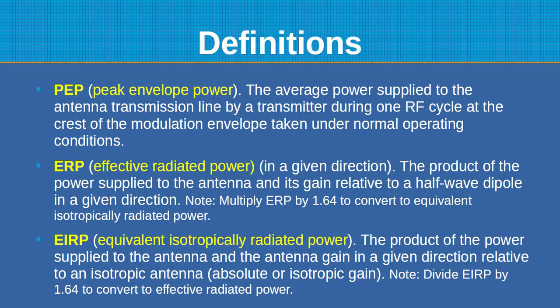If your gain is more than an isotropic radiator, then you have to reduce the gain. The only place I've really seen the EIRP is on that 60-meter band.